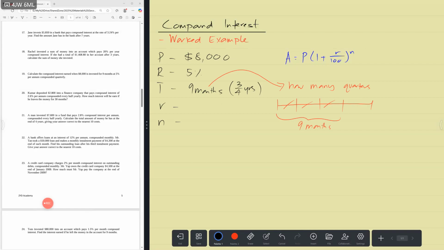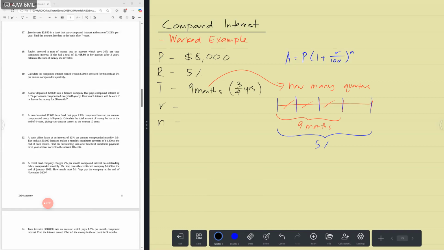And this whole 5% is for 1 whole year. You earn 5% in 1 whole year, but because you compound it quarterly, that means you must divide your 5% into 1, 2, 3, 4 groups, or rather 4 quarters here.